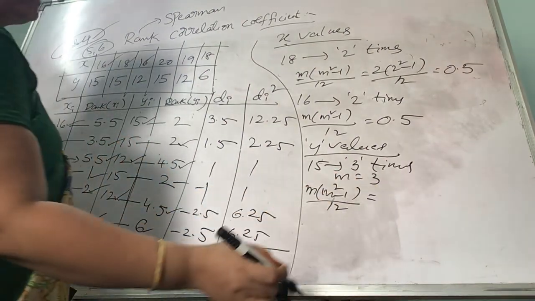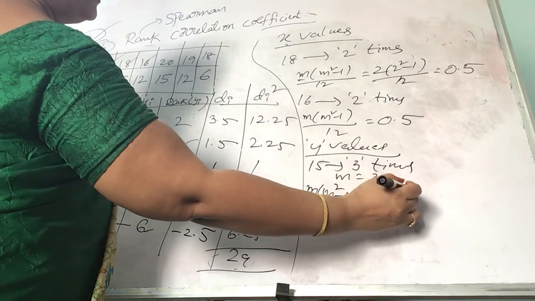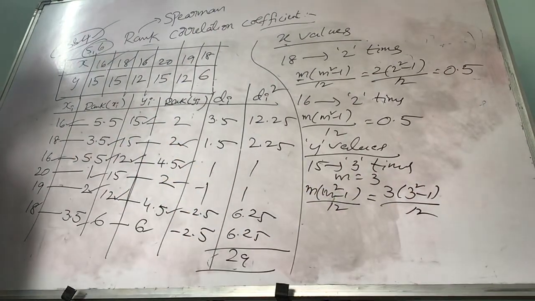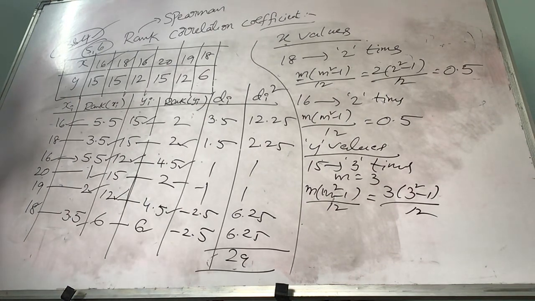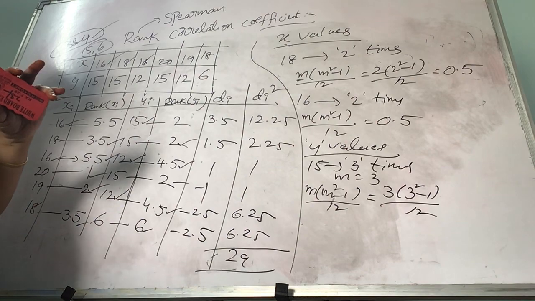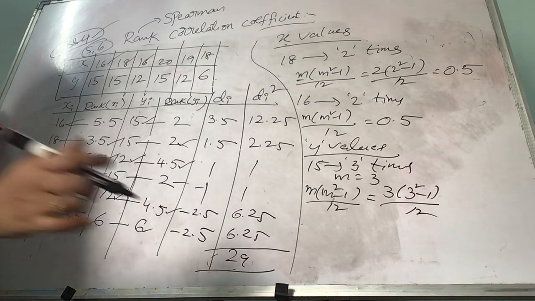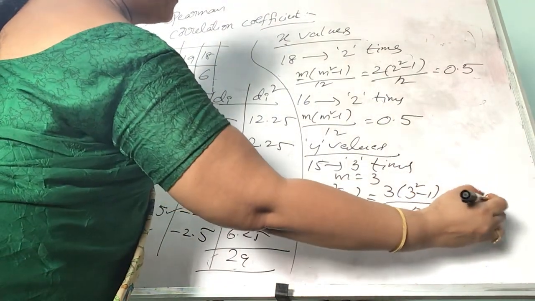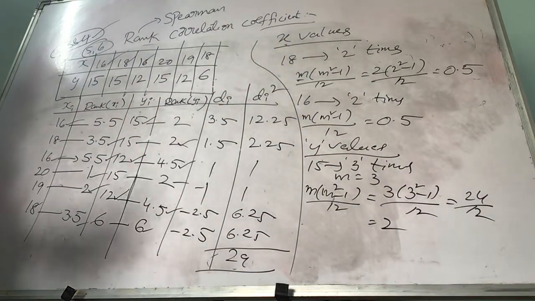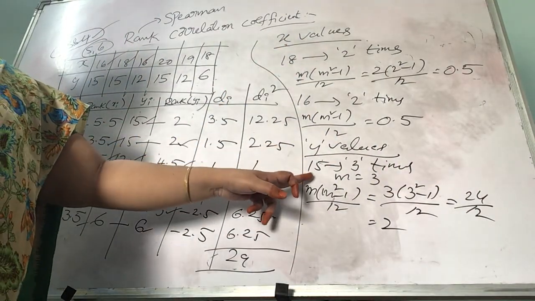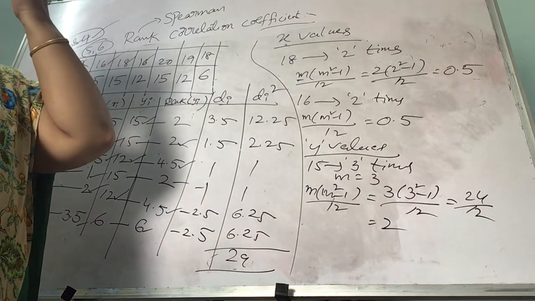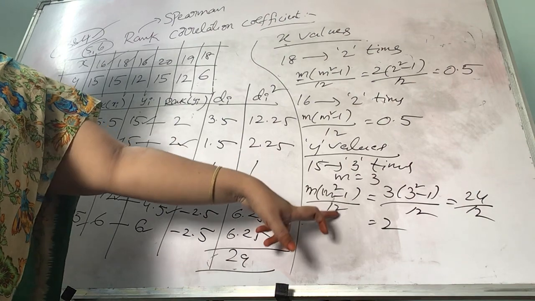Substitute m equal to 3 here. 3 into 3 square minus 1 by 12, that is 3 into 9 minus 1, 8. 3 8s, 24. 24 by 12, that is 2. For the 3 times repeated observation, the factor m into m square minus 1 by 12 value is 2.